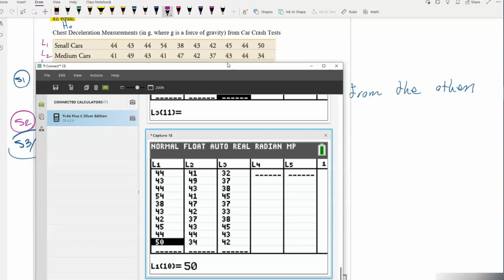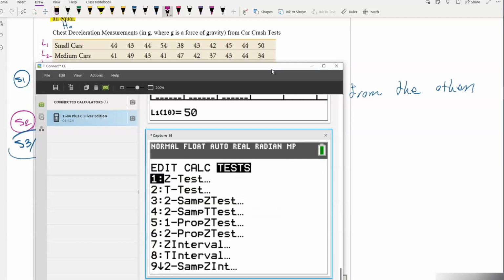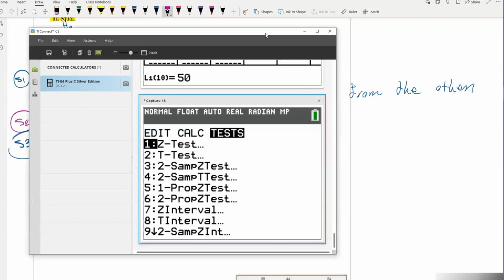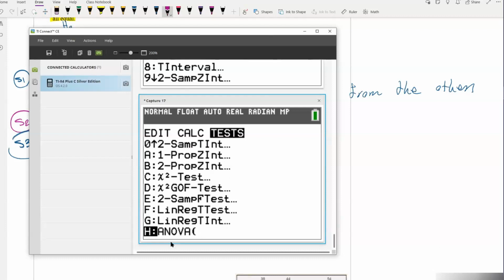Press stat, highlight test. Scroll down, find Anova. And it's better to scroll up because that is easier. Scroll up, and here is Anova. And press enter. So you have this page.